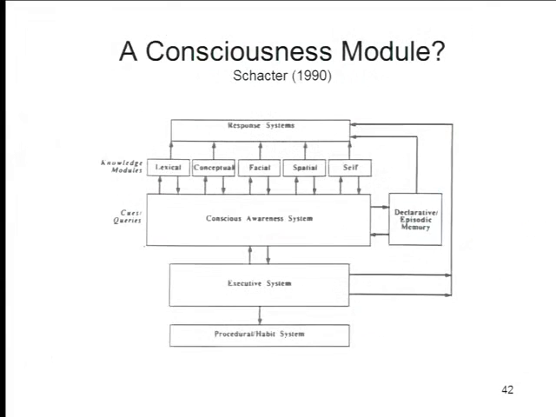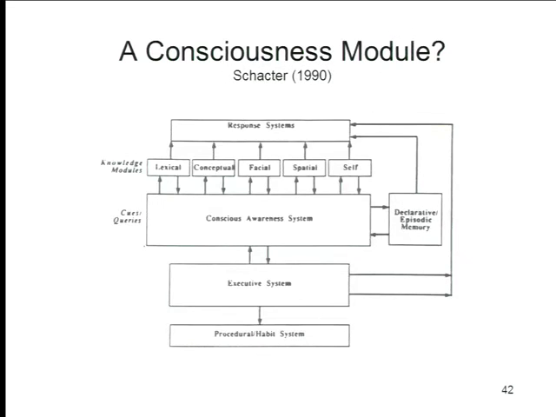In fact, Daniel Schacter, a prominent cognitive neuropsychologist now at Harvard University, has suggested that somewhere in the brain, he doesn't know exactly where, there's what Schacter called a consciousness module, a portion of the brain that processes conscious mental states in exactly the same way that area V1 processes vision, or Broca's area processes speech, or Wernicke's area processes language.